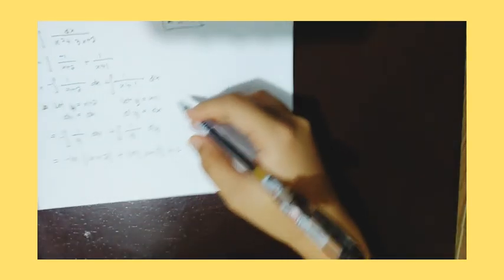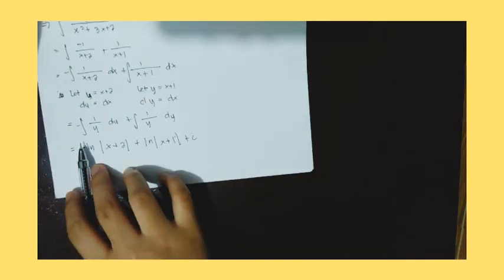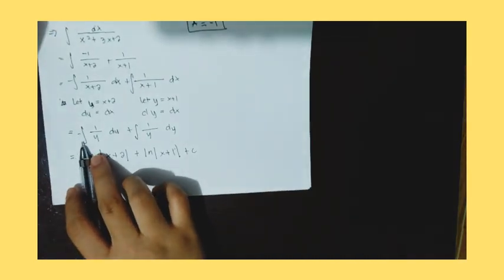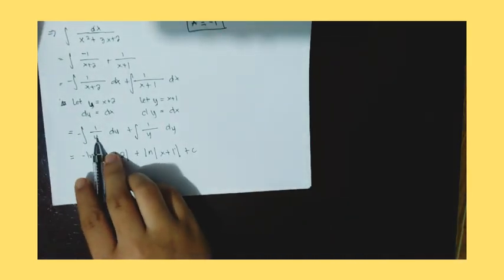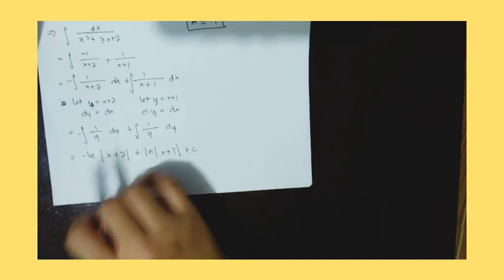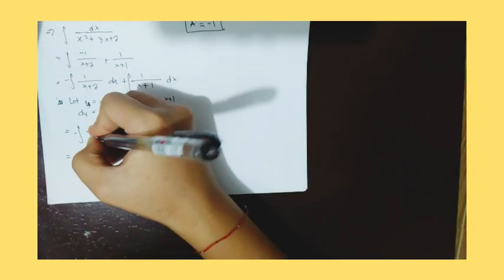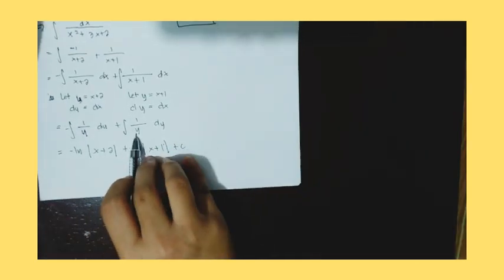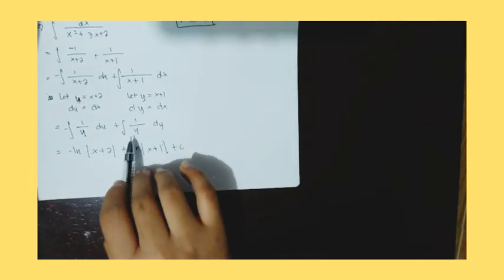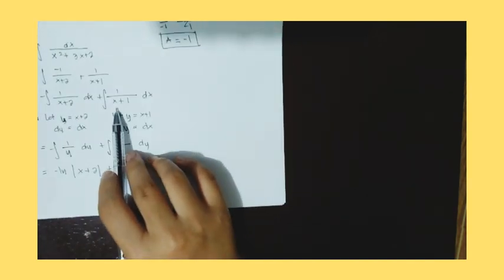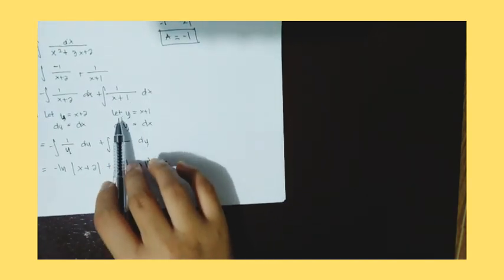Then negative integral, since the value of x plus 2 was made u, of 1 over u du, plus the integral of 1 over y dy, where y came from replacing x plus 1.